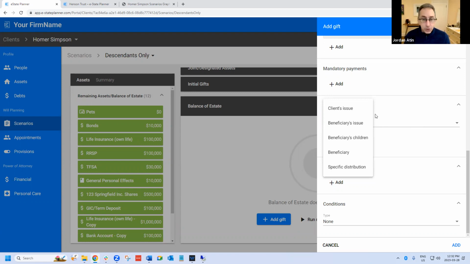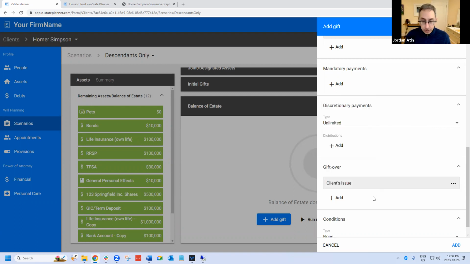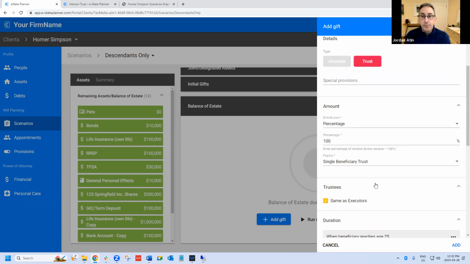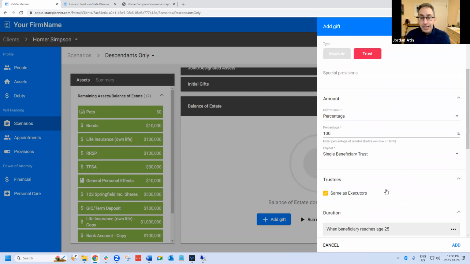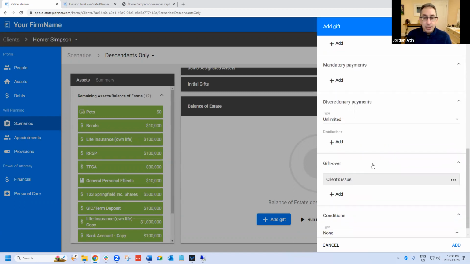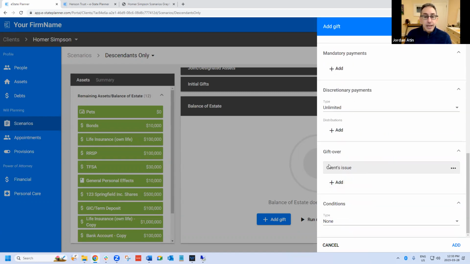So I want to go through what each one does. So if we pick client's issue as the gift over, if this person, Bart, the beneficiary, dies before the end of the trust, then the balance is going to go to the client's issue. So that's Homer's issue. Okay, we have that as an option.